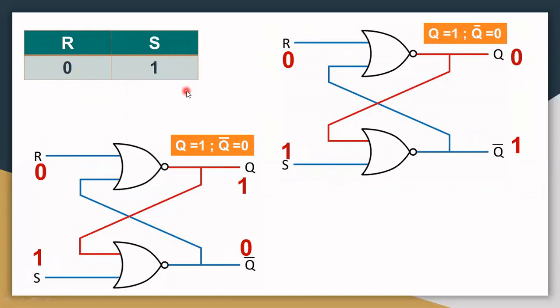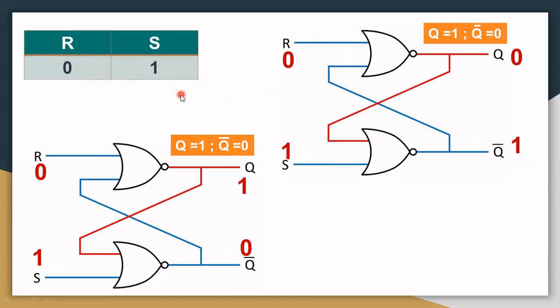This state is the set state, S is equal to 1. So to keep this SR flip-flop in a high state, we have to give R is equal to 0 and S is equal to 1. That means we can store 1 in this SR flip-flop by setting R is equal to 0 and S is equal to 1.